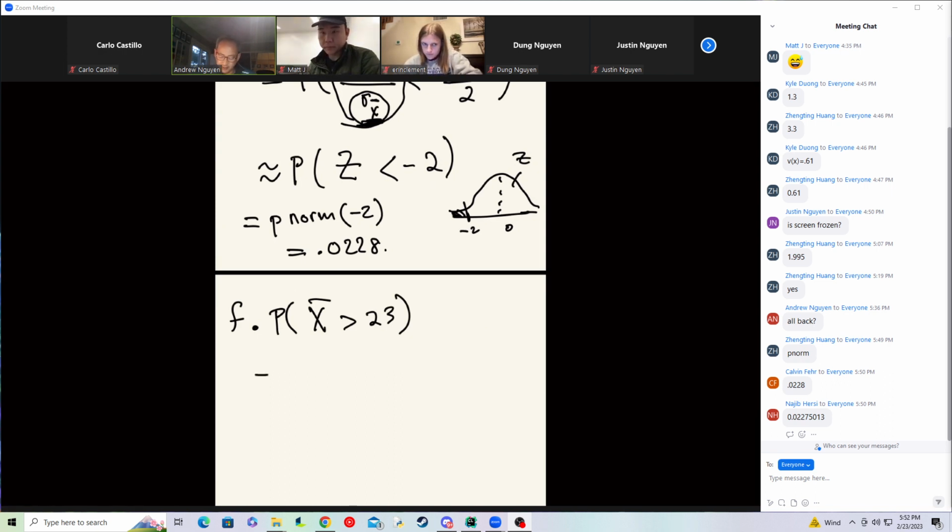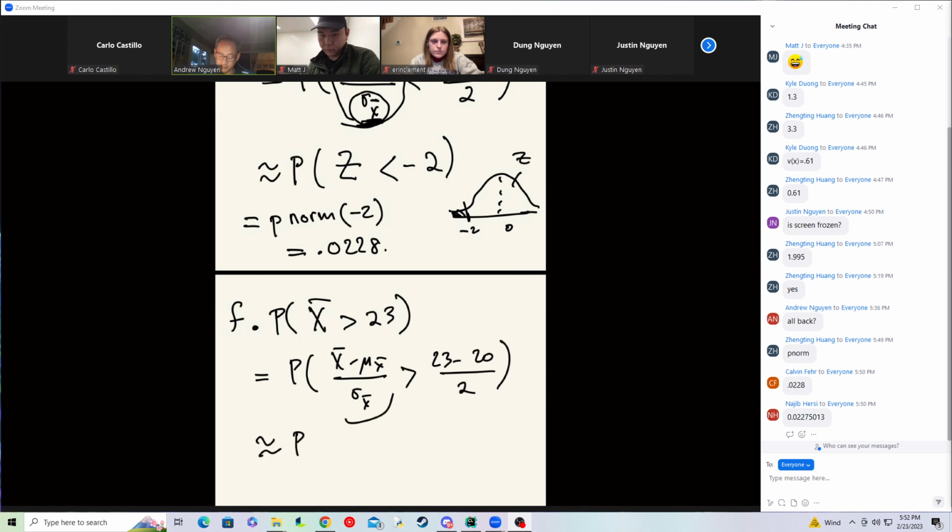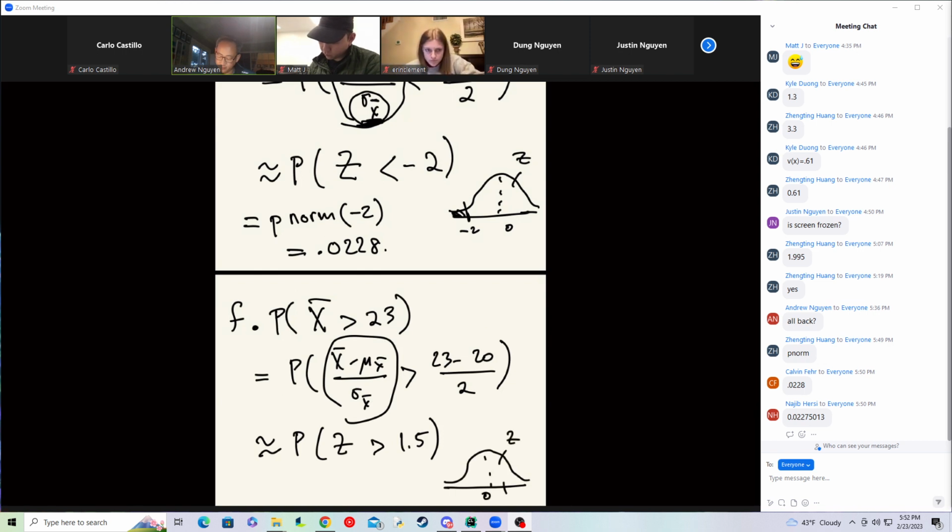Same thing. I'm going to standardize: X bar minus mu of X bar over sigma of X bar. 23, mu of X bar is 20, sigma of X bar is 2. So this becomes very close to Z, 1.5, yes? And so right now I'm looking for the probability of Z bigger than 1.5. So this probability is right here.